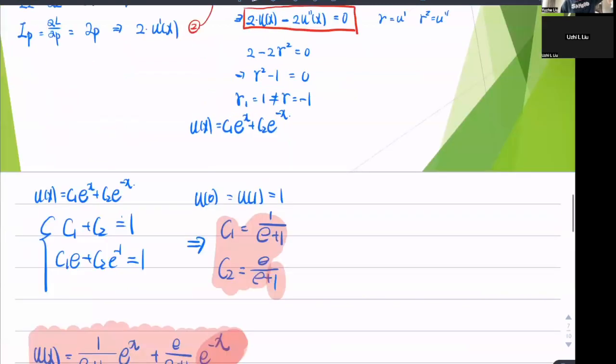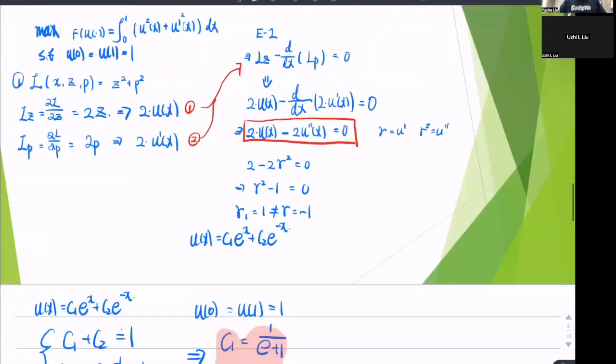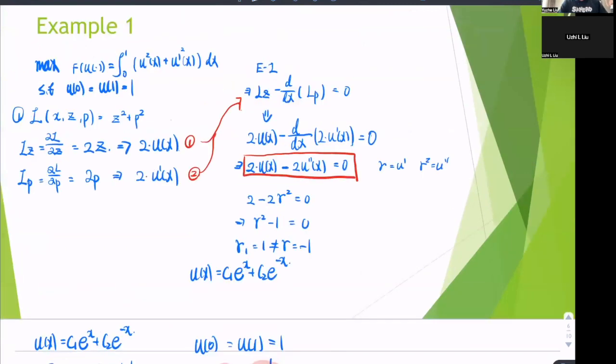First of all, we have to identify the Lagrange functions, and we're taking partial derivatives corresponding to z and p, and we're inputting the result into our Euler-Lagrange equations, and that will give us an ordinary differential equation.